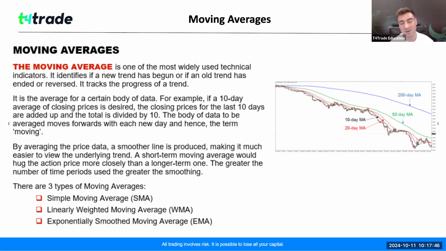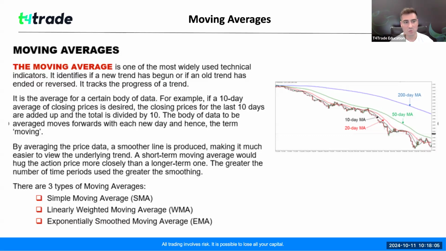So the line is not going to fit as closely to the price action compared to a short-term one. This is an easy guide for you to spot which is the short- and which is the long-term moving average if you have two or multiple moving averages.